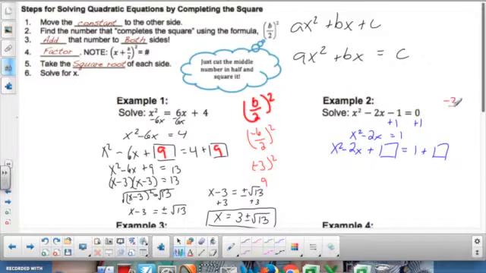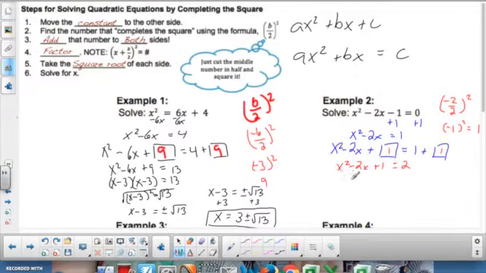So negative 2 over 2 squared. Following that order of operations, negative 2 over 2 should be done first, so that gives me negative 1. And negative 1 squared is 1. So I am adding 1 to both sides of my equation. That gives me x squared minus 2x plus 1, and over here 1 plus 1 is 2.